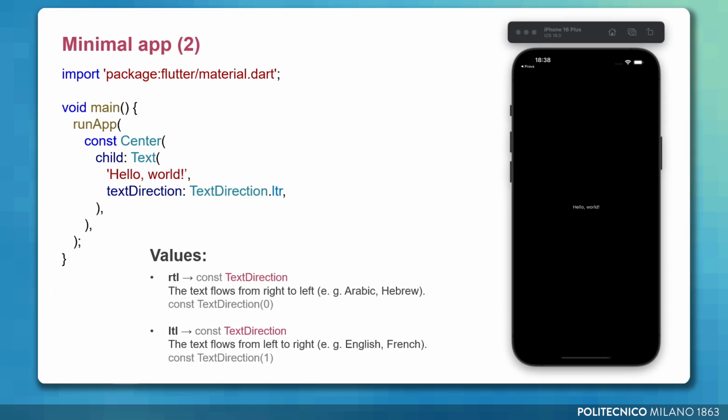To fix this issue in our example, we just need to add a second named parameter to the Text constructor, textDirection. This parameter takes one of the two constants from the TextDirection enum. TextDirection.ltr for left to right, or TextDirection.rtl for right to left. Since I'm used to reading left to right, I will choose TextDirection.ltr.